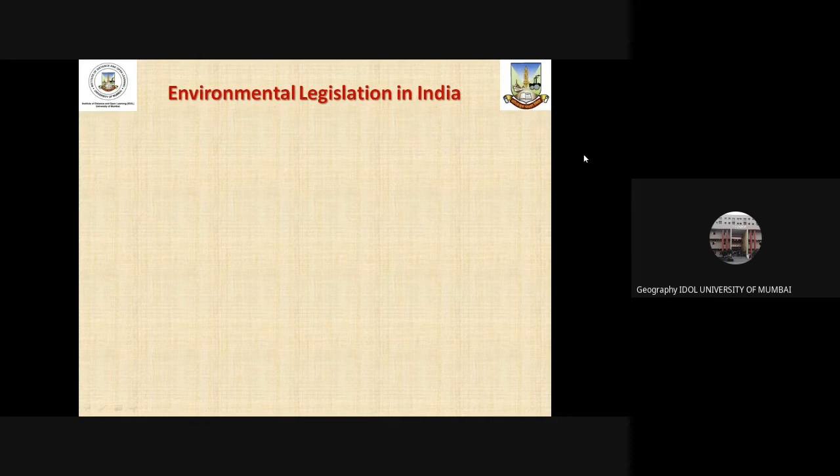Besides that, we have use of technology for environmental protection, public awareness and public movements for environmental protection, various administrative frameworks that are set for environmental preservation and protection. So these are various dimensions of environmental management. We are going to look at the legislation point of view in the Indian context here.